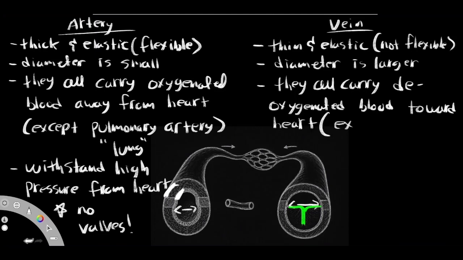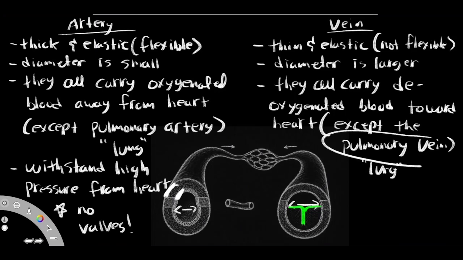But there is an exception, except for the pulmonary vein. All right, pulmonary, again, lung. So this time the pulmonary vein, same thing, it's going to carry blood toward the heart, but it's going to carry oxygenated, okay? Not deoxygenated.